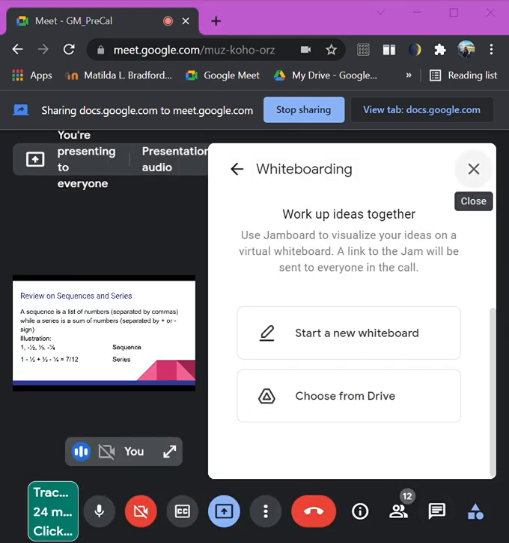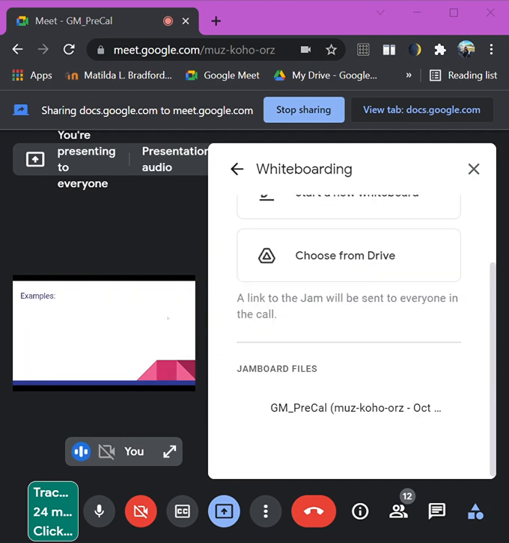So now, nag-share ko Jamboard, no? So we have here things to do for our examples. We are going to determine the first 5 terms of each defined sequence, and we are going to give the associated series.